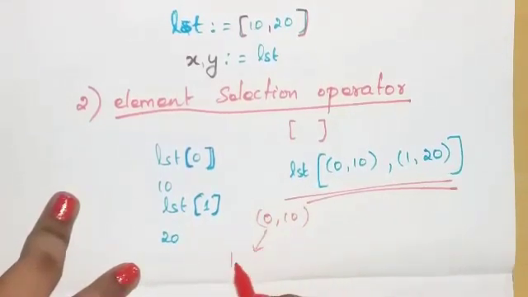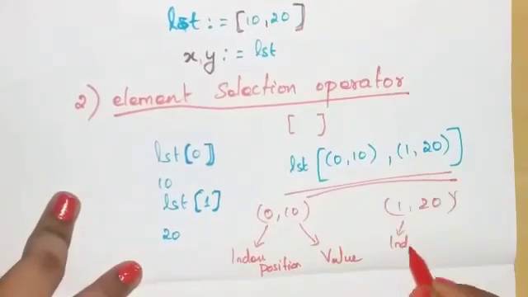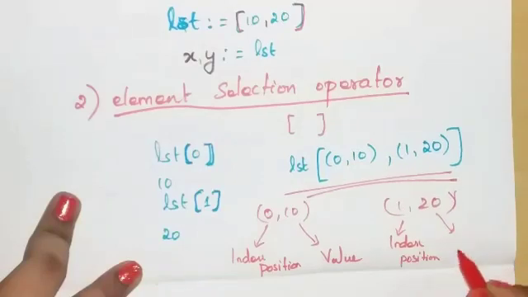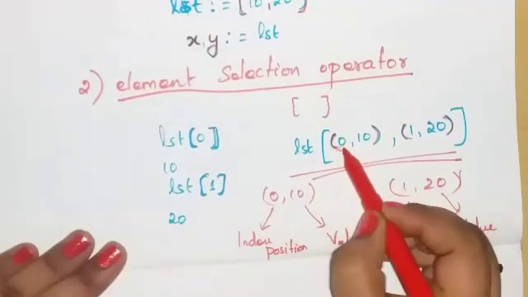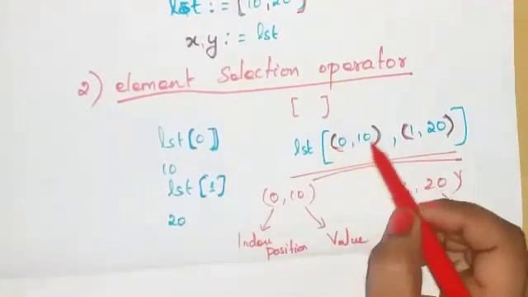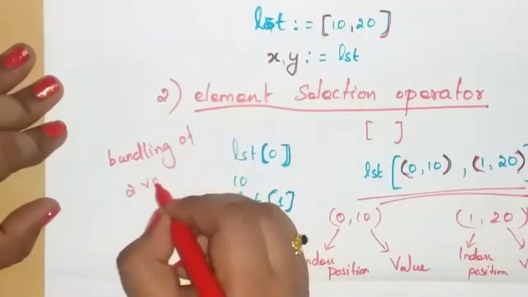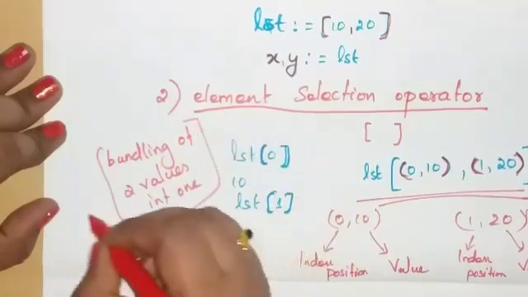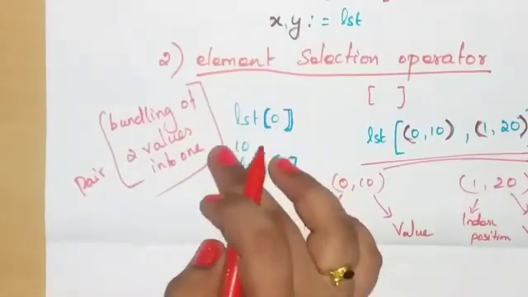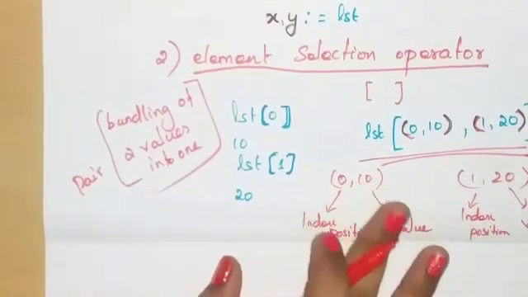Here 0 is the index position and 10 is a value. And here 1 is the index position and 20 is a value. So here values are bundled together. These two values are bundled together. So bundling of two values into one is called what? Pair. So bundling of two values into one can be considered as a pair. So this list and tuples are called pairs.